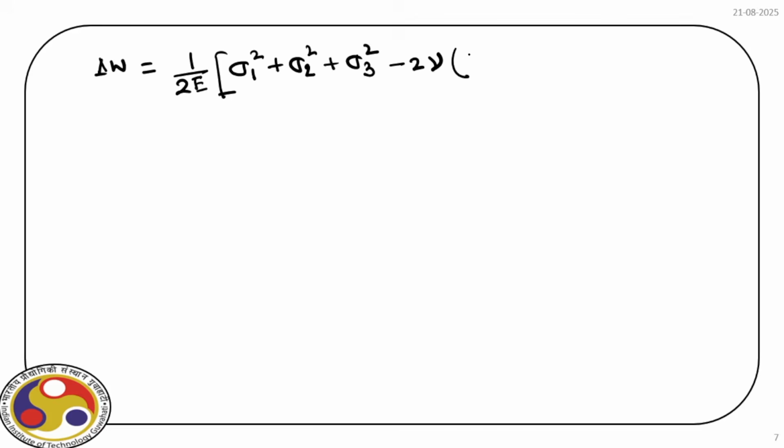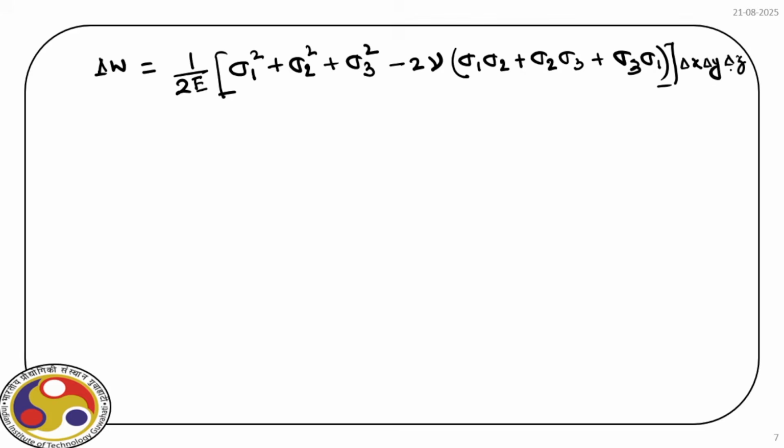Then within bracket we'll have sigma 1 sigma 2 plus sigma 2 sigma 3 plus sigma 3 sigma 1, then multiplied by delta x, delta y, delta z.